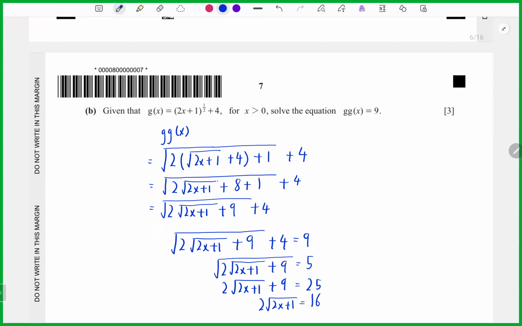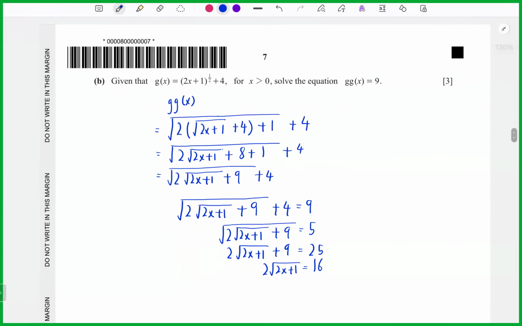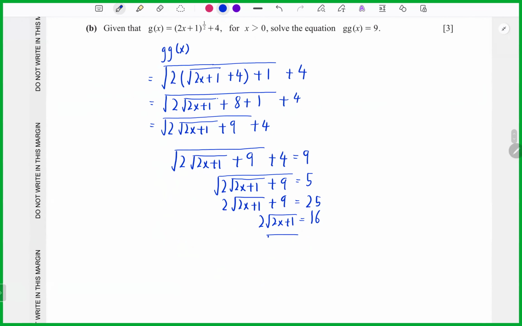Okay, 16. So square root 2x plus 1 equals 8. Then 2x plus 1 equals 64, yes. 2x equals 63. So x equals 63 divided by 2. You will get the answer 31.5, or your answer can also be written as the fraction 63 over 2.